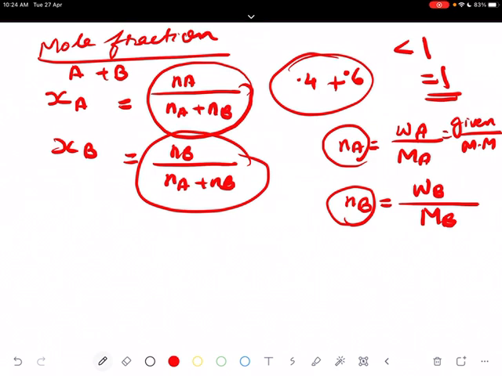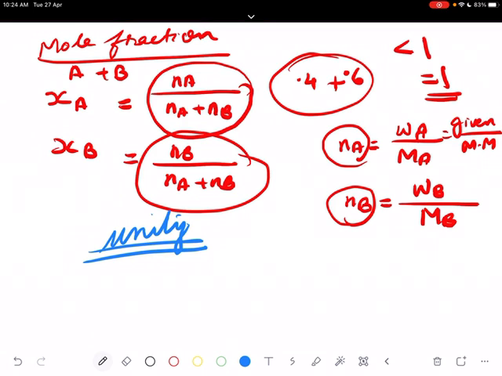This Xa will be a quantity less than 1 because it is a fraction, Xb also a quantity less than 1, and when you add these two, you will get 1. So the mole fraction of all the components in a solution is unity.